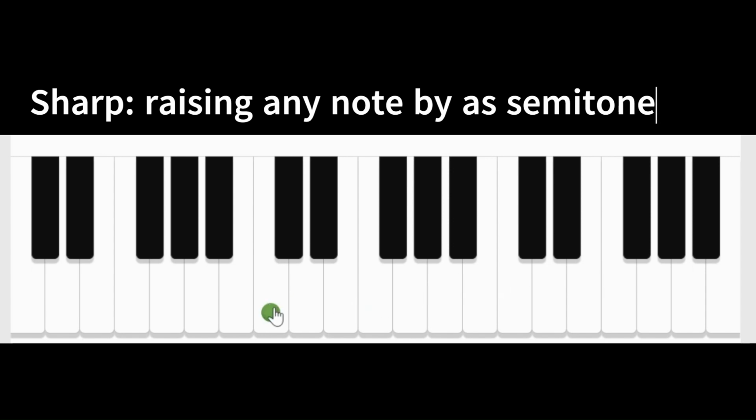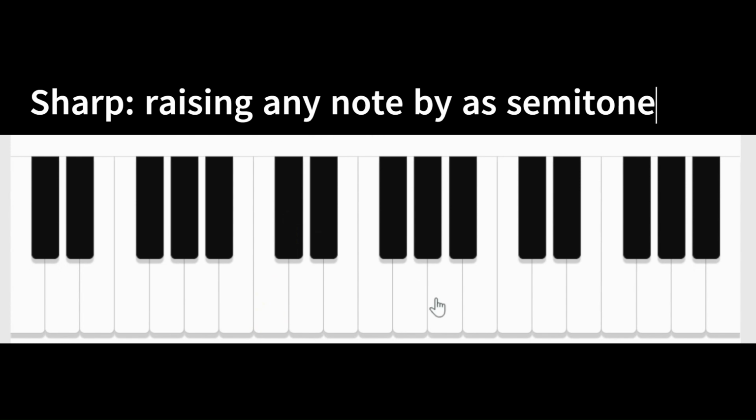So if I make the C higher by a semitone, a note that is immediately next to it, it's called sharp. So this was C. This is now C sharp. C, raise it by a semitone. It is sharpened. This is C sharp.